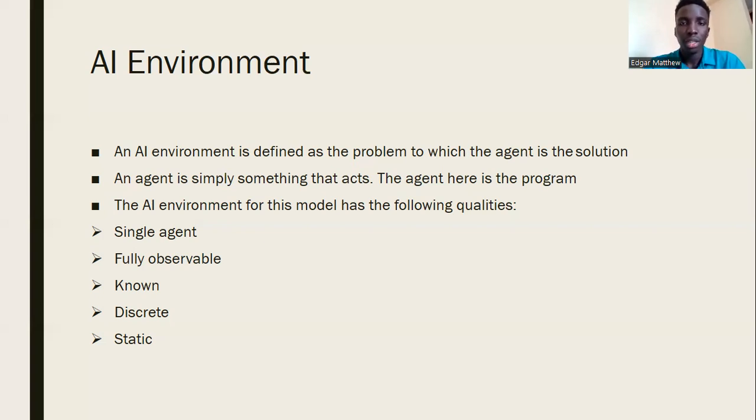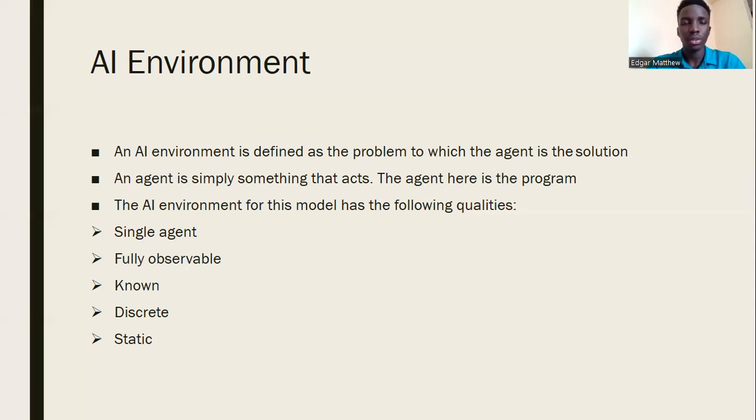Known. An environment being known means we know all its physical qualities and aspects. And yes, we do know all the qualities and the properties and the attributes that are required to work within this environment. Discrete means it's defined.